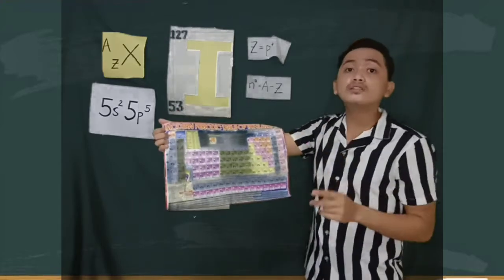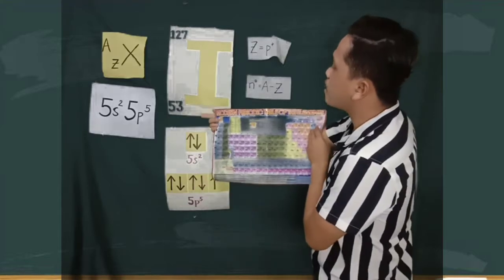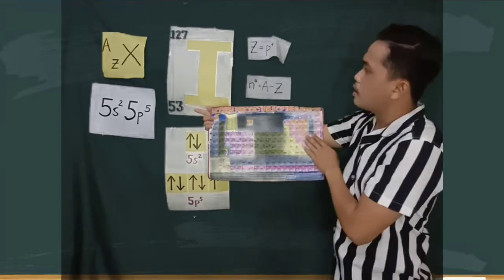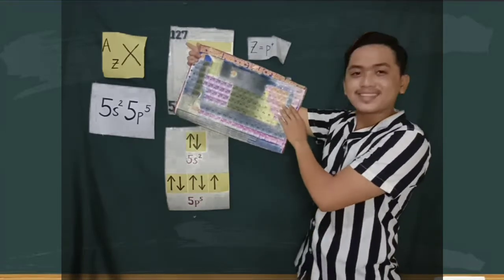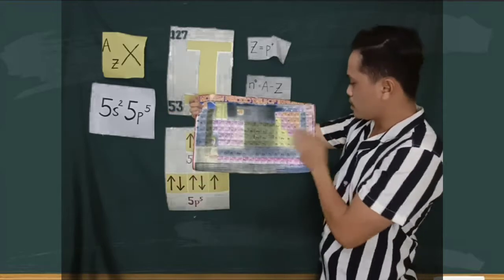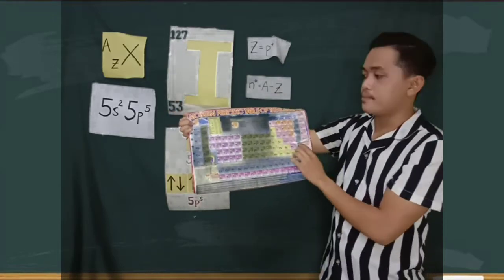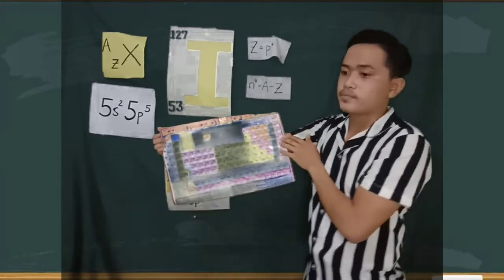Subshell P holds up to 6 electrons. So our element iodine has an atomic number 53 and an atomic mass of 127. So let's now look in the periodic table. The highest n is 5, because it is in period 5.